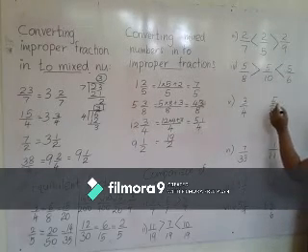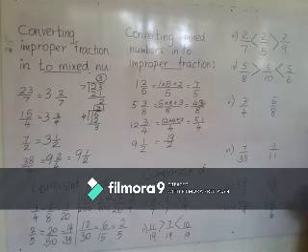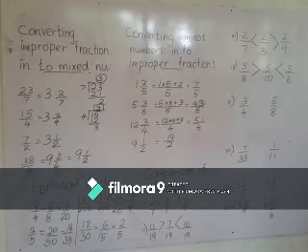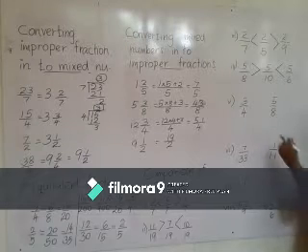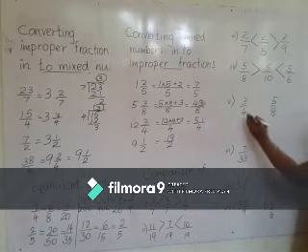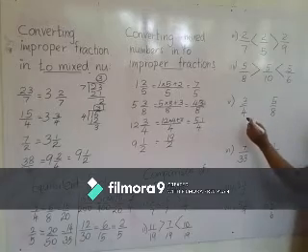Now the numerator is different, the denominator is also different. So we must take the same denominator, that means LCM, 8 and 4. So we can make 4 as 8.